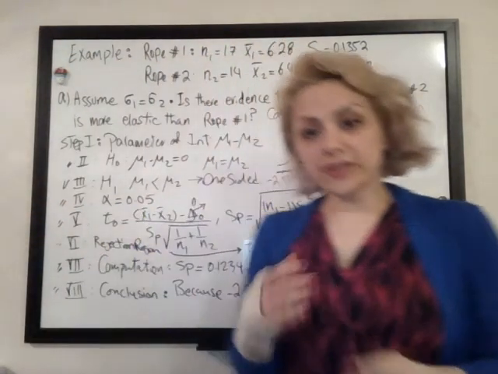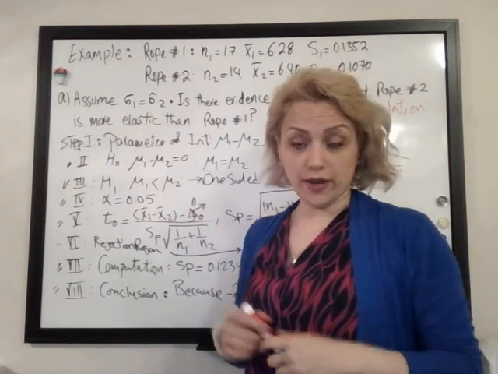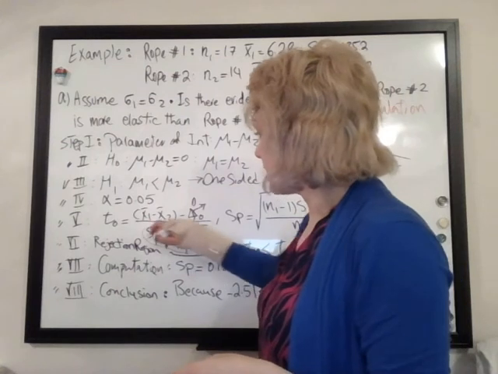After this, we can find out the confidence interval of it. I'm going to leave it to you to find out the confidence interval. So we have the standard error here.